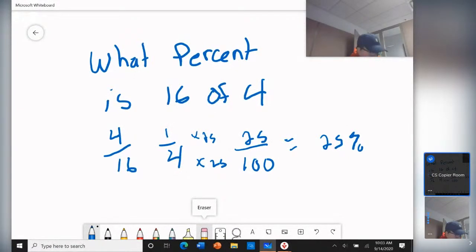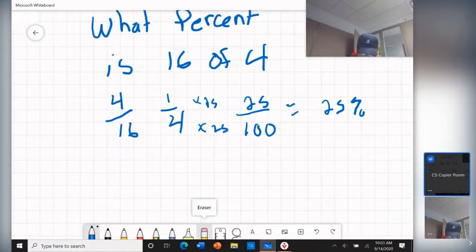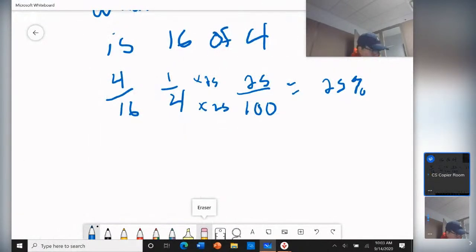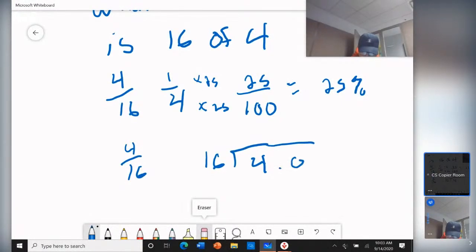That's one way of doing it. And the other way, you guys, is exactly that problem I just told you. If you have 4 over 16, we're going to divide 16 into 4 to get the percent. And remember, we get the 0 here. We want to move that up. And you get 2. That's 32. 8.